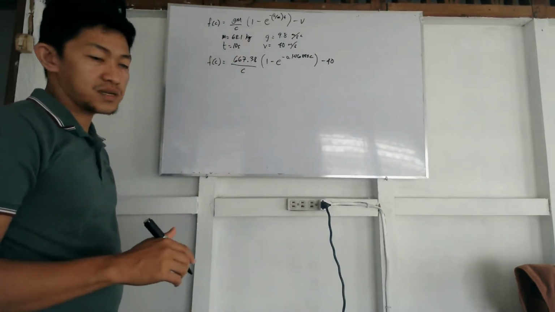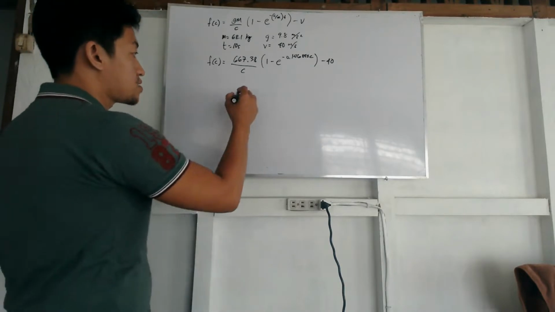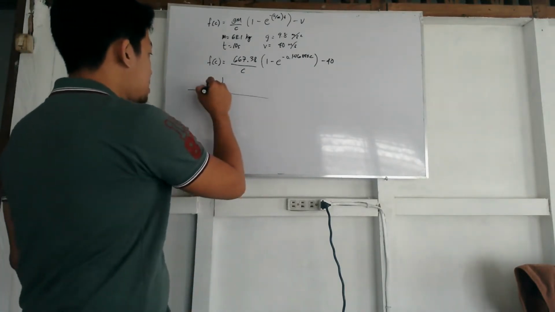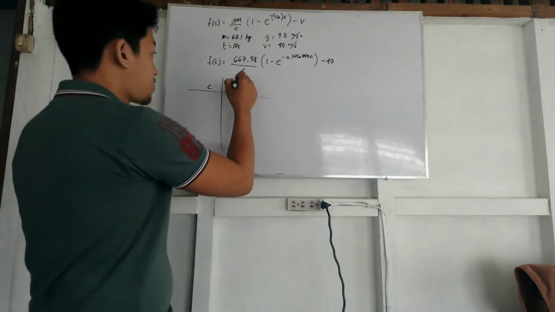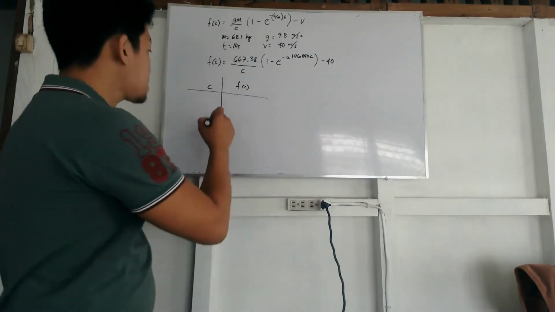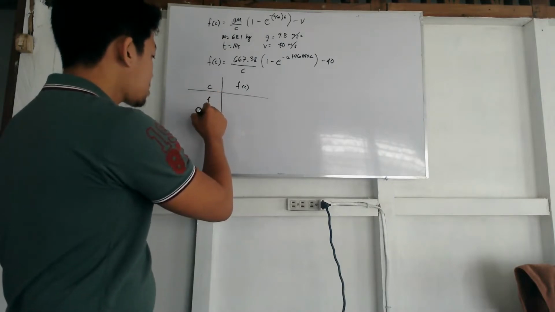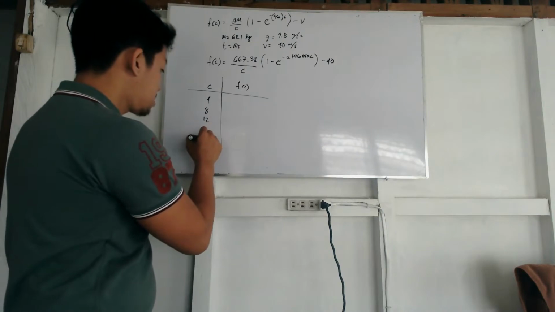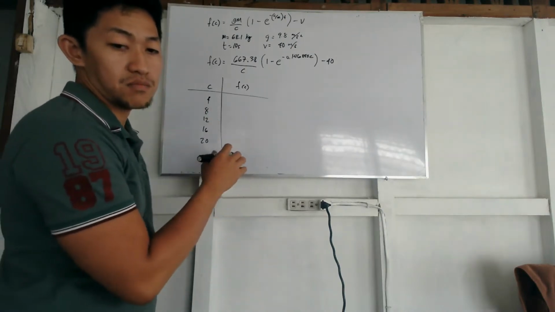If we use the graphical method, you plug in values for c. For example 4, 8, 12, 16, 20, so the interval is 4.